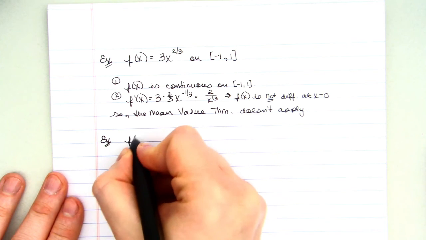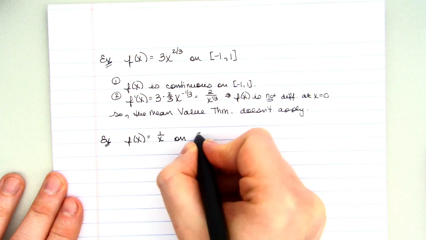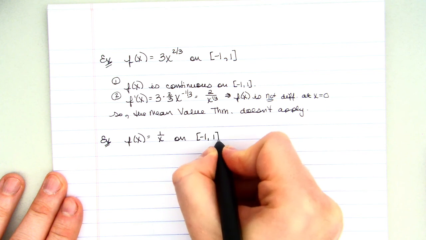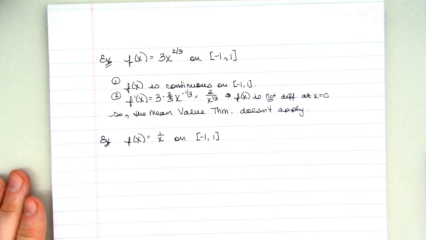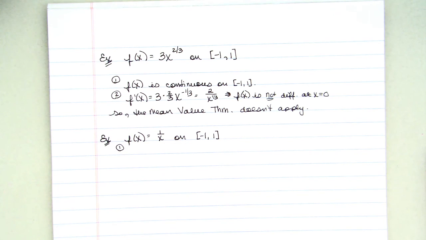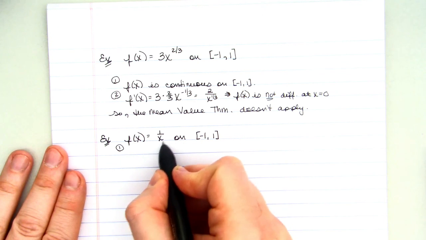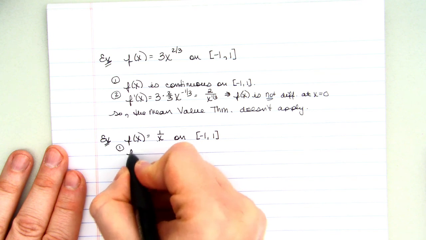Let's take a look at the function f of x equals 1 over x on the same interval, negative 1 to 1. Go through your two checks. Number 1, is that function continuous on the interval from negative 1 to 1? I don't think so. I think there's a problem at x equals 0.